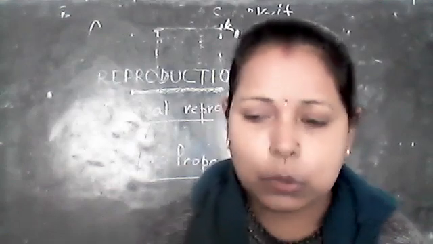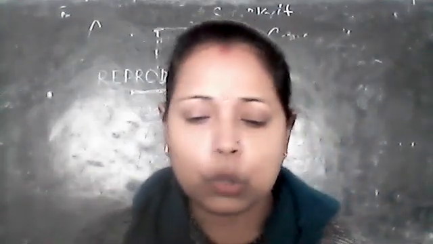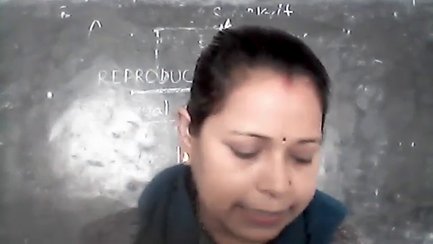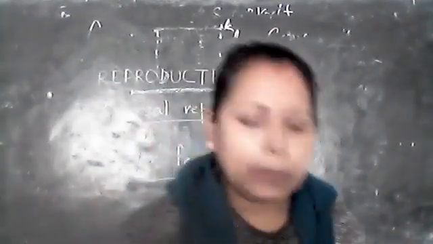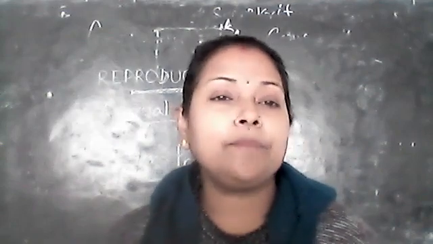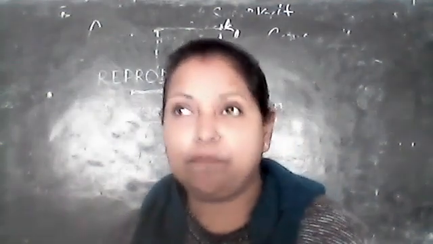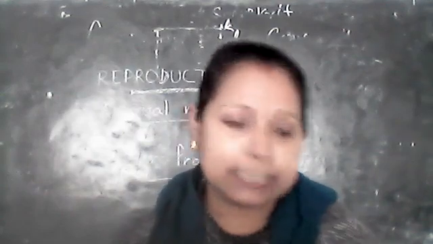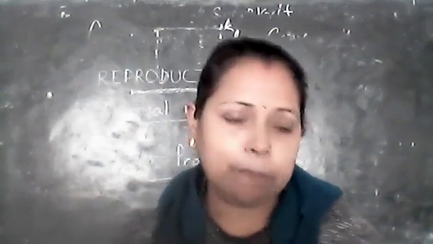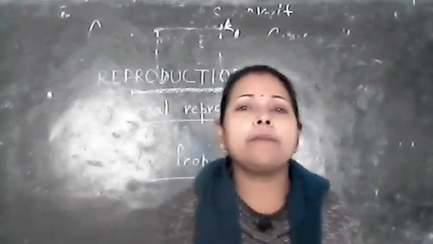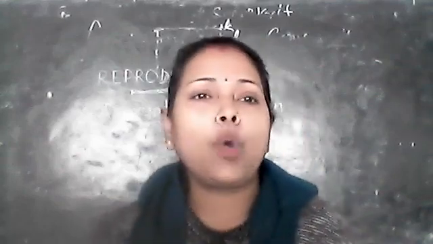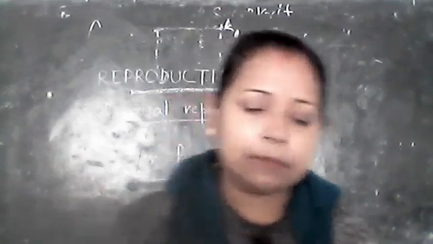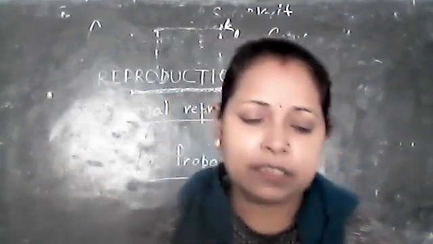Okay, so a little bit of time is left, so quickly I am asking some questions and you tell me the answer, so that I can get feedback on how you have understood this topic. First, what is budding? Give an example.